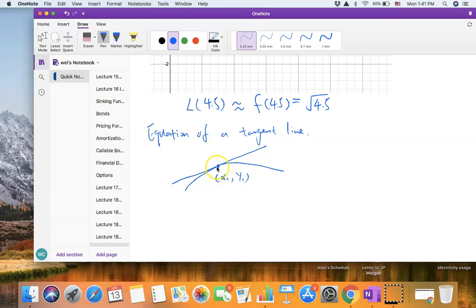First, we need to know the slope of this tangent line. Because if we know the slope, then we can use the point-slope form to find the equation of this straight line.